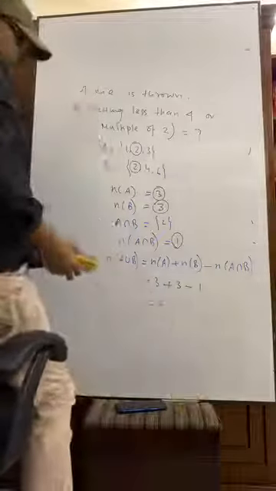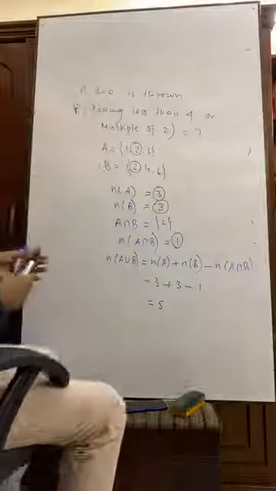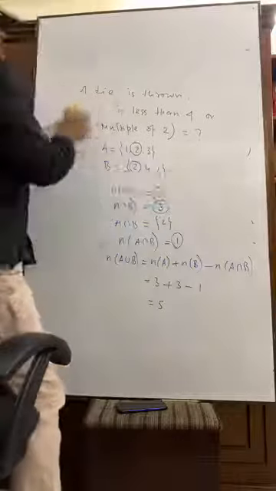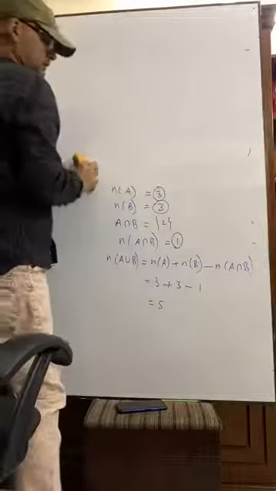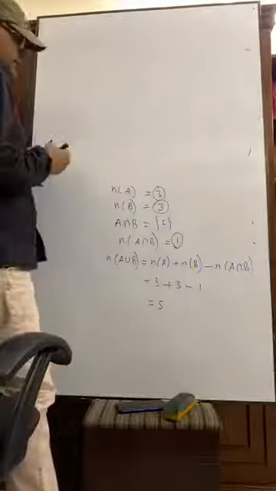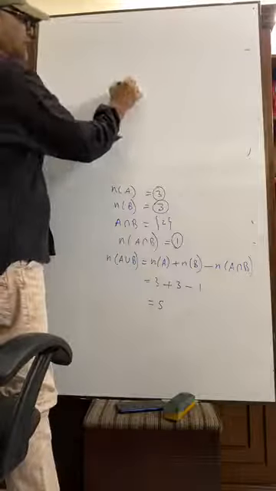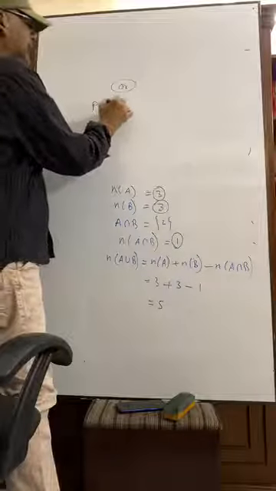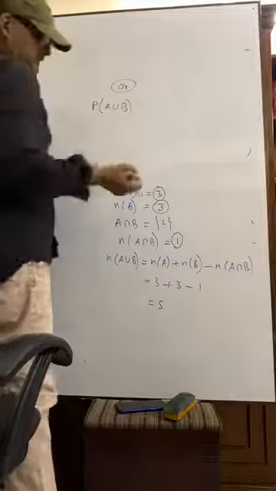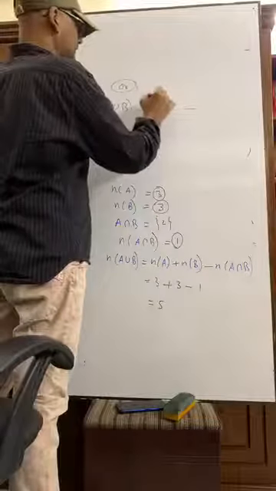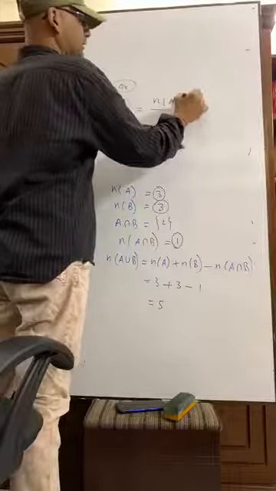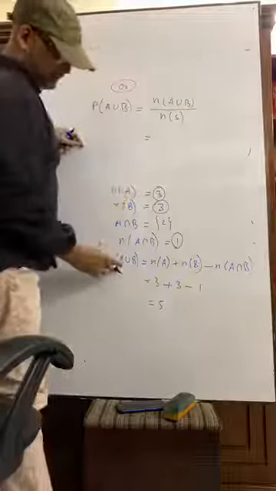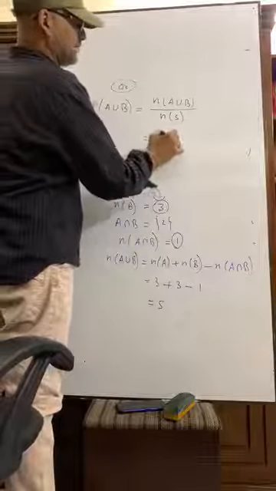But my question is to find probability of A or B. It was written or means what? Union. I told you the probability of A union B is equal to n of A union B by n of S. So n of A union B equals to 5 and n of S equals to 6, we all know.